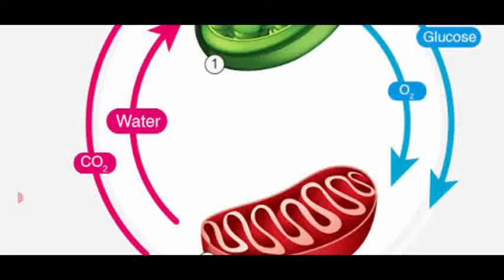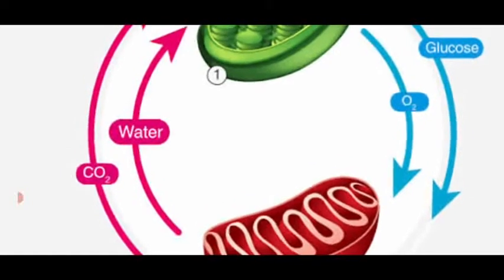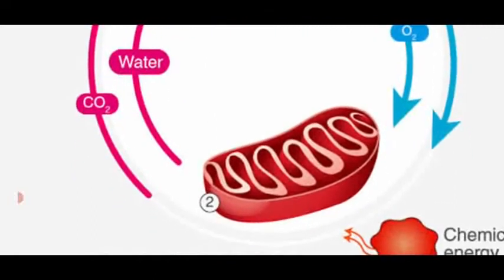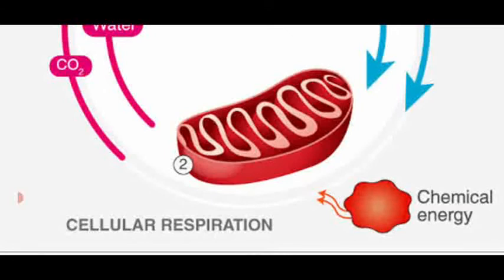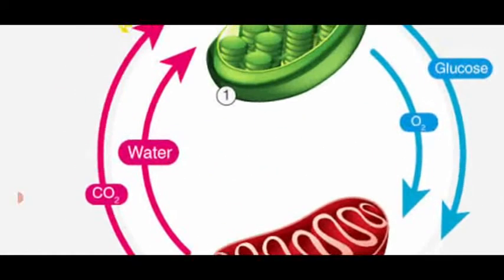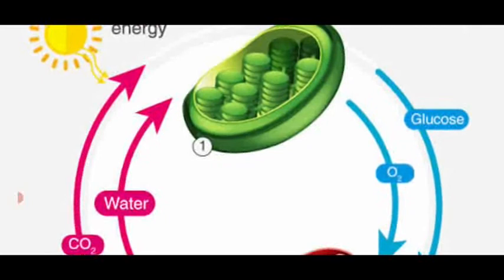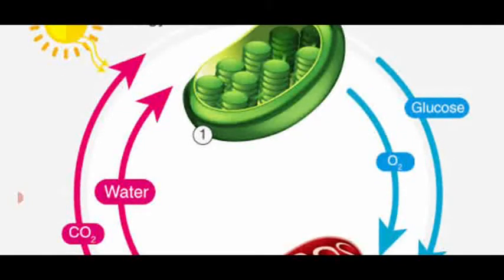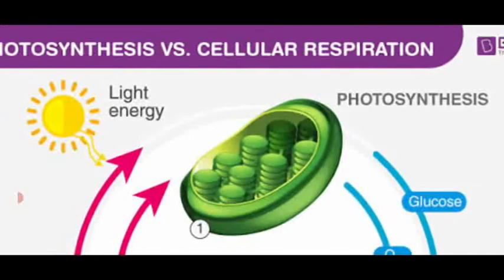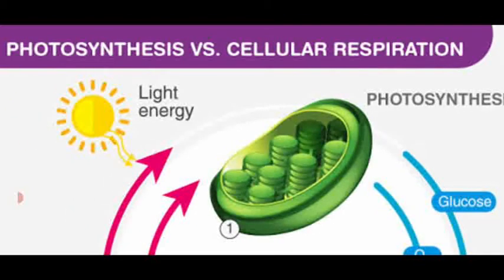So this glucose which is stored in the mitochondria gets oxidized and liberates carbon dioxide and water and produces the chemical energy stored in the form of ATP. So this carbon dioxide is once again absorbed by the chloroplast during the photosynthetic process. So thus photosynthesis and cellular respiration are interdependent reactions.